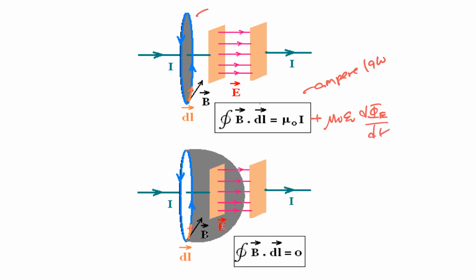Basically this is for the closed surface, which obeys Ampere's law because there's a current flowing inside the closed area. And here we can state that we have a displacement current, which means that the magnetic field is produced by the change of electric flux, or change of electric field.